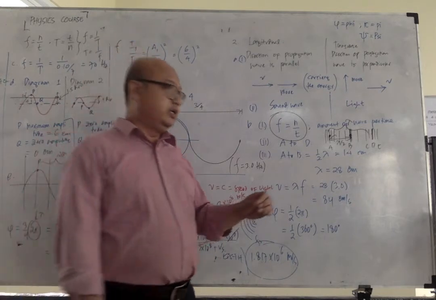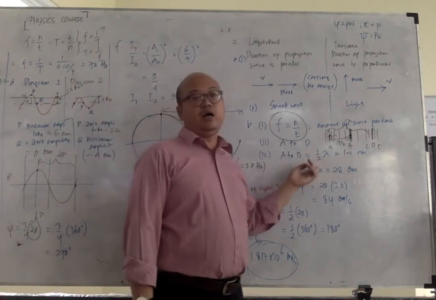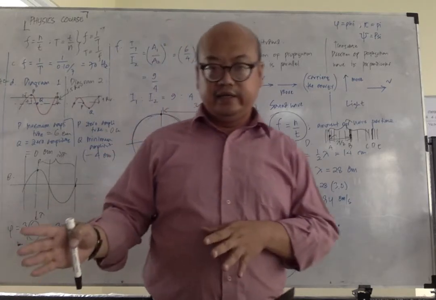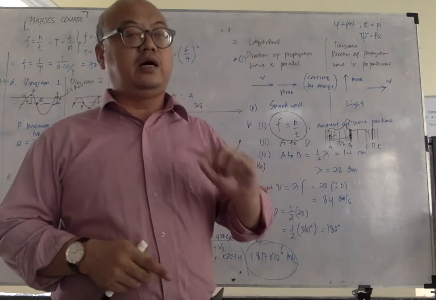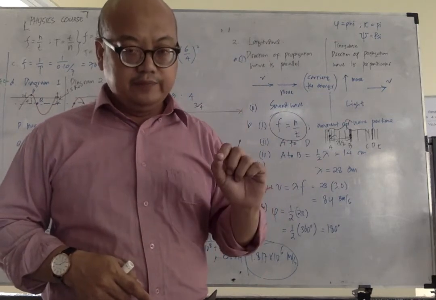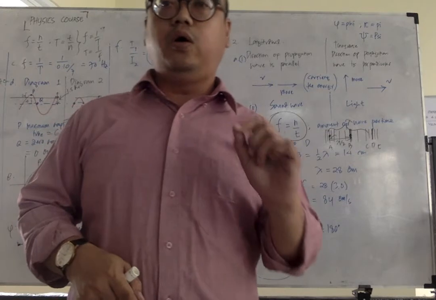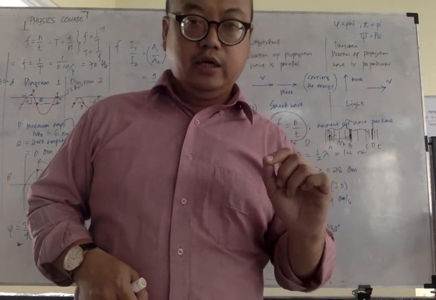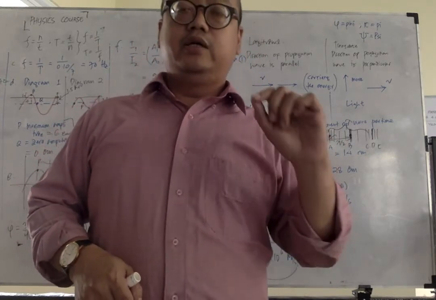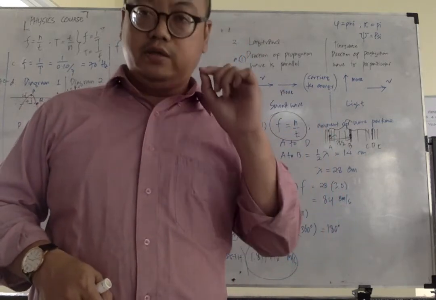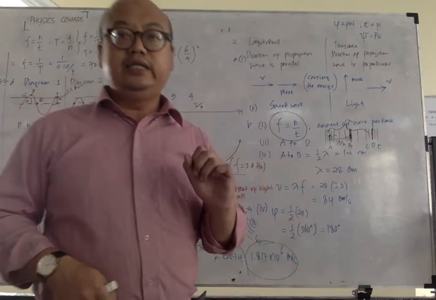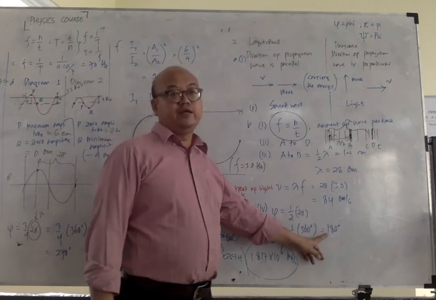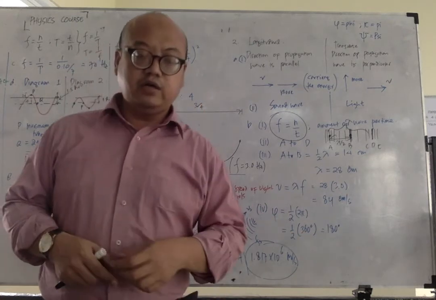We see A to B is a half wave, meaning it's a half of 2 pi. The phase difference is a half of 2 pi, or a half of 360 degrees. How much is it? A half of 360 degrees is 180 degrees. That's the phase difference. Yes, that's the answer to part IV.